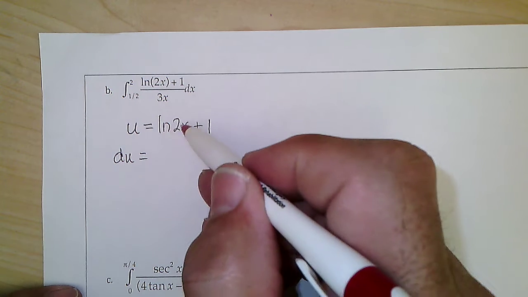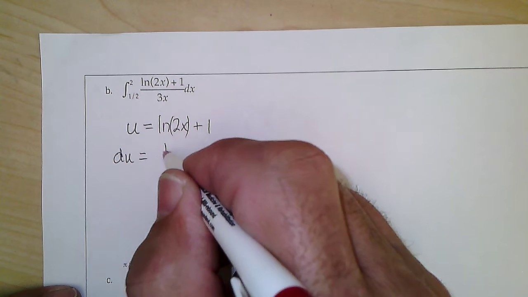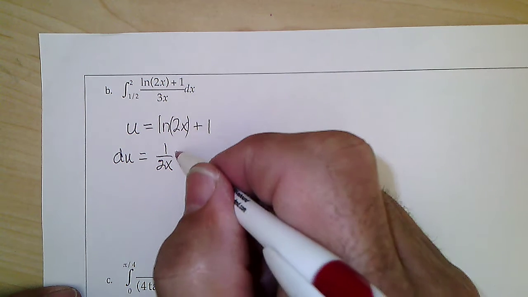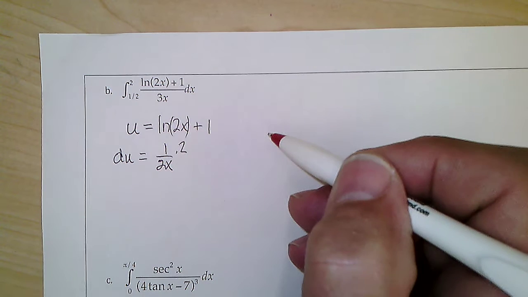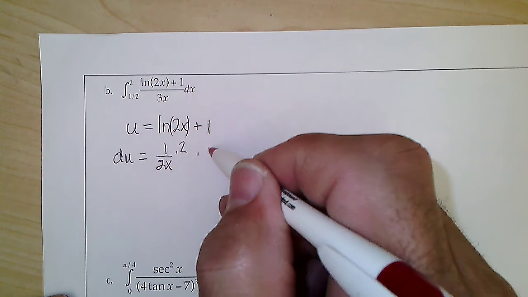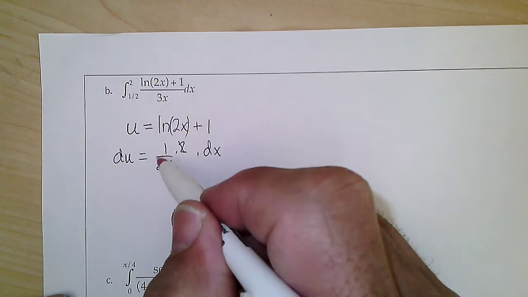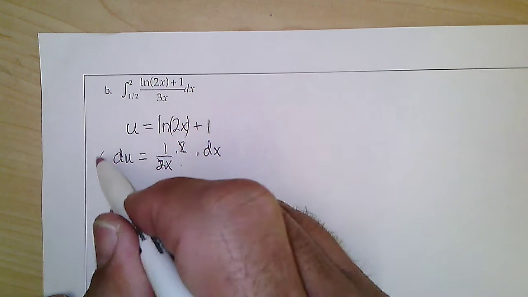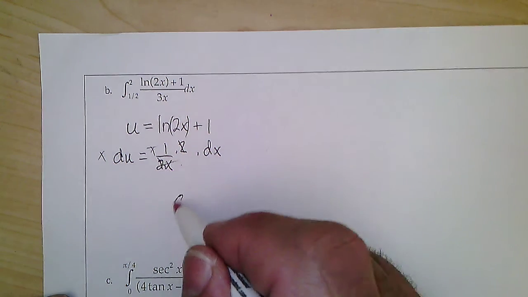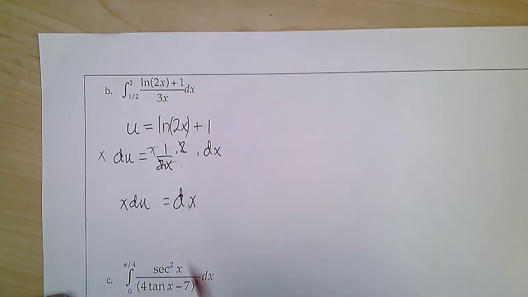The derivative of ln is 1 over whatever the ln is of, times the derivative of the inside, which is a 2, which a lot of you forgot to do. Derivative of 1 is 0, times dx. So the 2's cancel, and I can multiply both sides by x to cancel that, and I get dx equals x du.